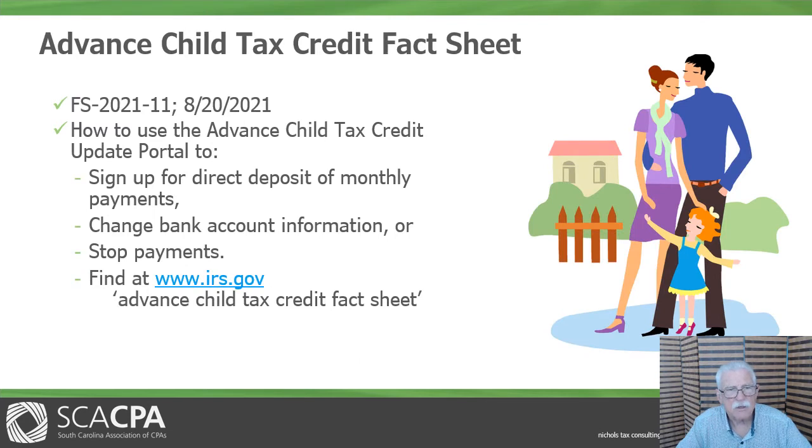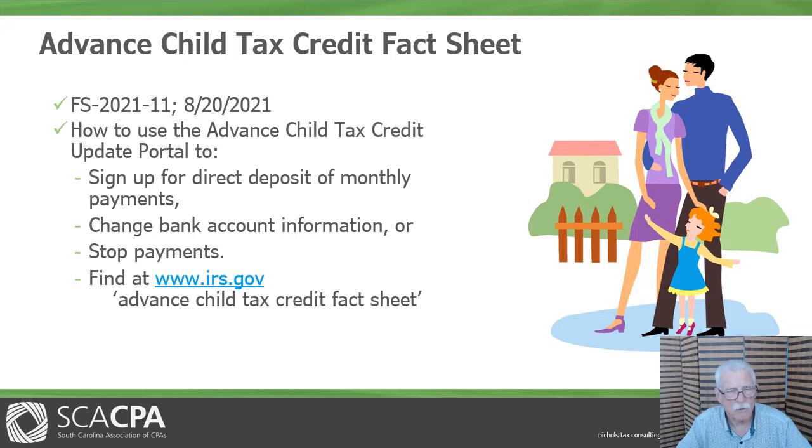The Advanced Child Tax Credit Fact Sheet tells you how to navigate the Advanced Child Tax Credit Update portal, to sign up for direct deposit, to change bank account information, to stop payments, or to make any other administrative change.